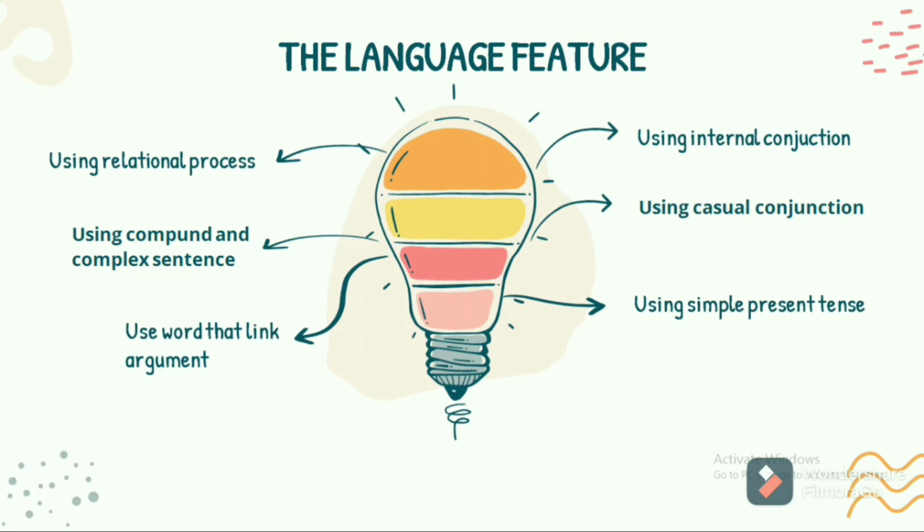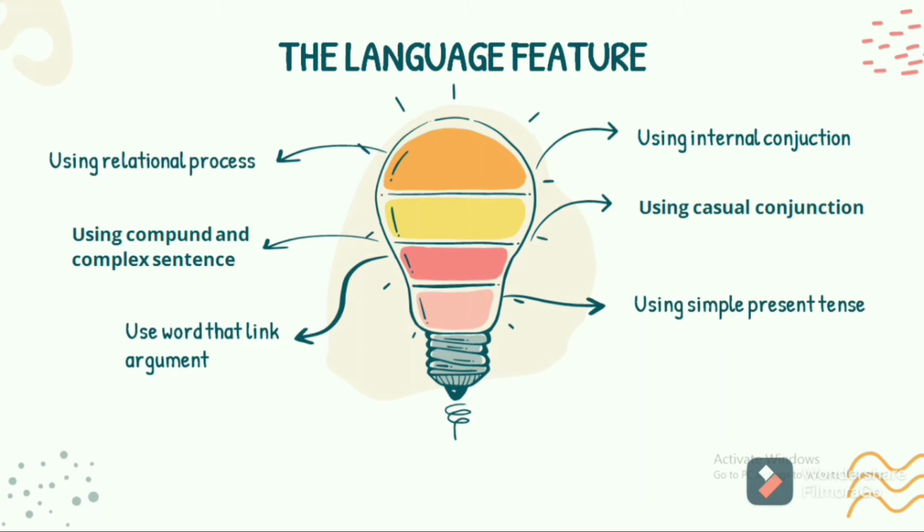Then, the third one is using words that link arguments. It means that analytical exposition text uses words such as firstly, secondly, and reasoning through causal conjunctions such as in addition, furthermore, however, and therefore.